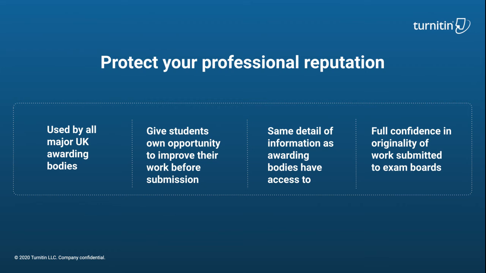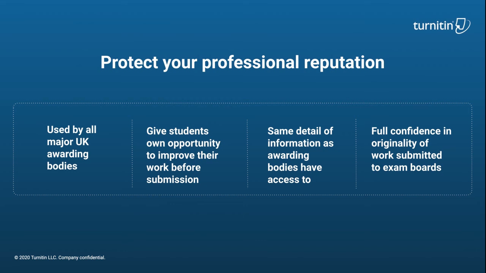Okay? And finally, you can help protect your professional reputation. So Turnitin is used by all the major UK awarding bodies, and many of them mention us by name in their plagiarism policy. So by using Turnitin, you would have the same detail of information as awarding bodies already have access to.